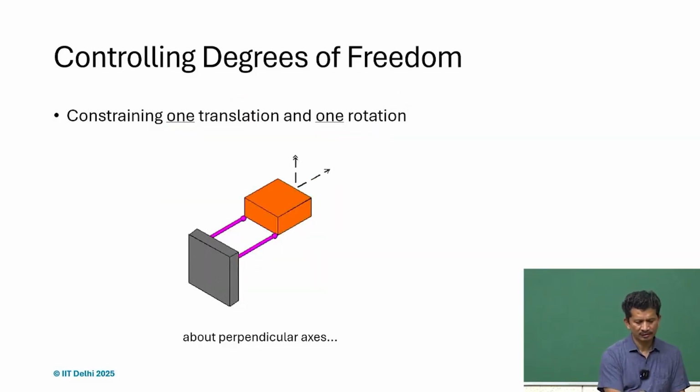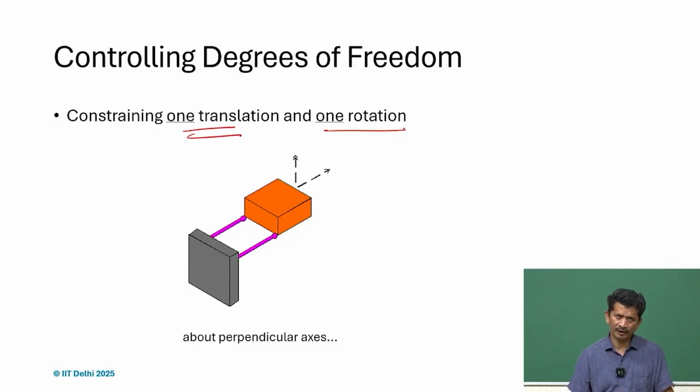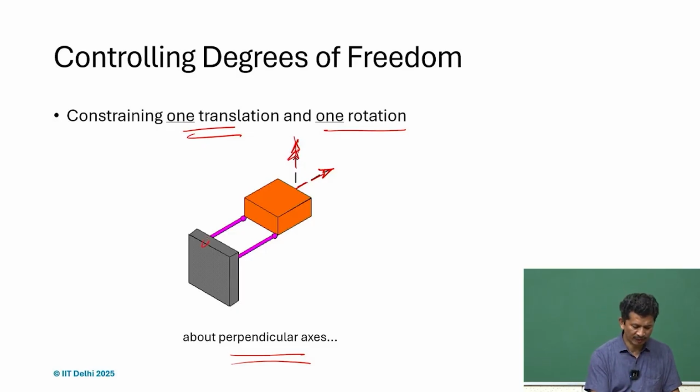But if we have again one translation and one rotation, but along perpendicular axes. So, this is the translation constraint, and this is your rotational constraint. So, what we realize is that in this case just 2 members, 2 constraints C1 and C2 in this way, is sufficient.